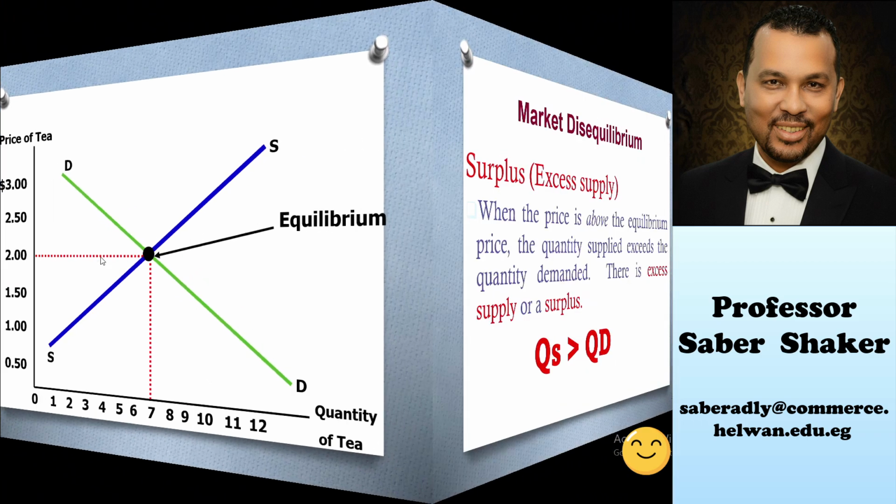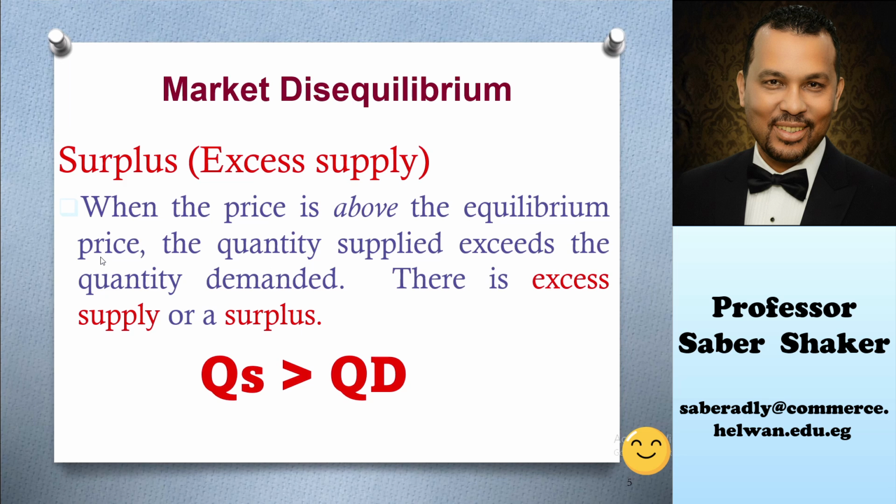The next, market disequilibrium. Okay, market disequilibrium, in general, we talk about two cases. Maybe surplus or excess supply, maybe shortage or excess demand. So in both cases, surplus or shortage, quantity supplied does not equal quantity demanded, it may be greater or lower. So this is the first case of market disequilibrium, surplus or excess supply.